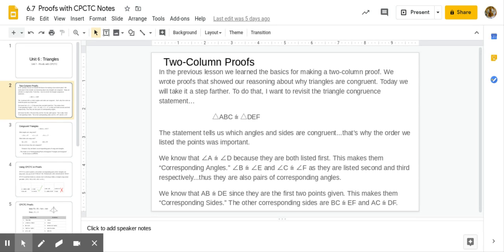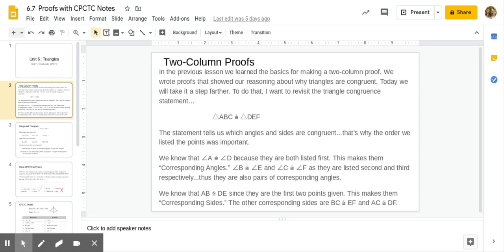And we have talked about previously that with this triangle congruence statement, it's really important the order that those letters are in because they have to correspond with the other congruent angles. So we would know that angle A, the first letter, and angle D, the first letter from the second triangle, those two are congruent to each other because they're each listed first.